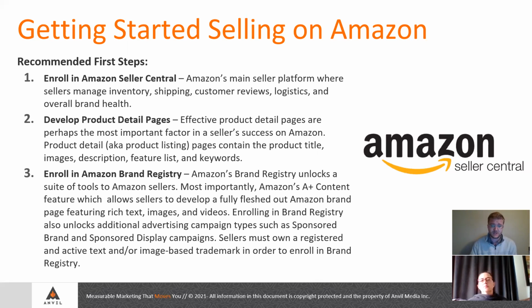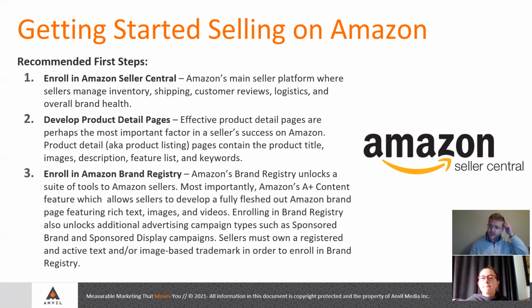In addition to the A+ content, it also will unlock additional advertising campaign types. So we'll discuss 3 different advertising campaign types today. The 3 being sponsored product campaigns, sponsored brand campaigns, and sponsored display campaigns. For all new sellers out of the gate, sponsored product campaigns are available to virtually all sellers. However, sponsored brand campaigns and sponsored display campaigns are only available to sellers enrolled in Amazon's brand registry.